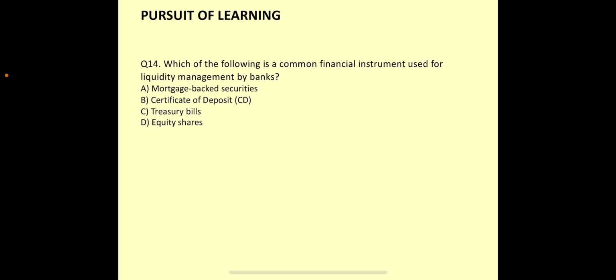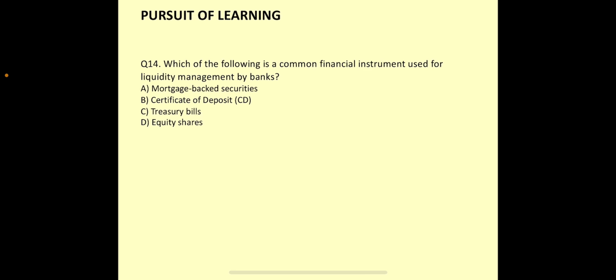Which of the following is a common financial instrument used for liquidity management by banks? Option A, mortgage-backed securities; B, certificate of deposit; C, treasury bills; D, equity shares.